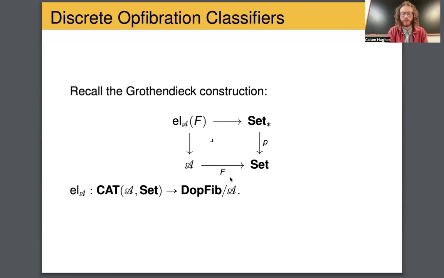And then the Grothendieck construction is just a pullback of this functor F along P. So this defines a functor from functors from A to Set into discrete opfibrations over A. The point is that this left map from L_A F to A is a discrete opfibration.